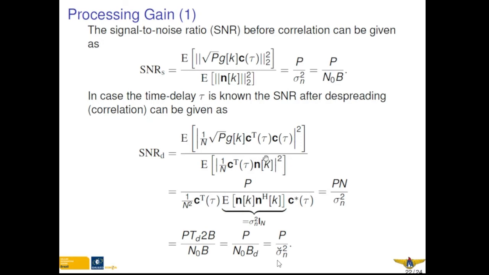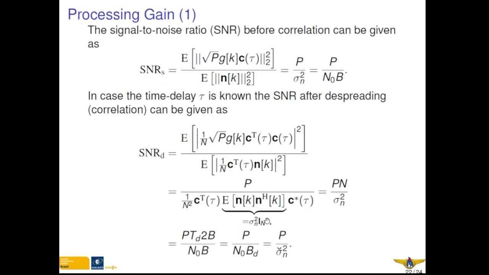And again, as we had defined, 1 over N times c transpose times c is 1. Then the absolute value squared of the remaining square root of P times g of k is just P, because g of k is just 1 and minus 1.